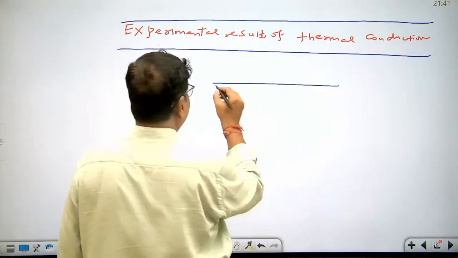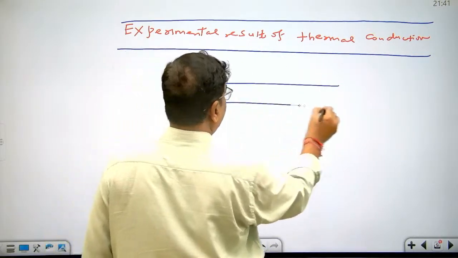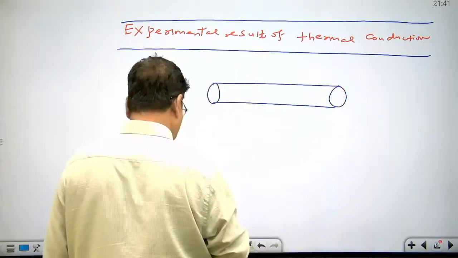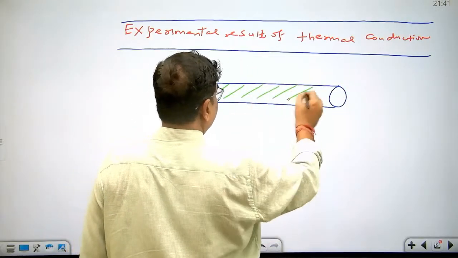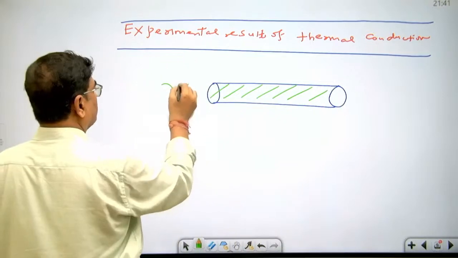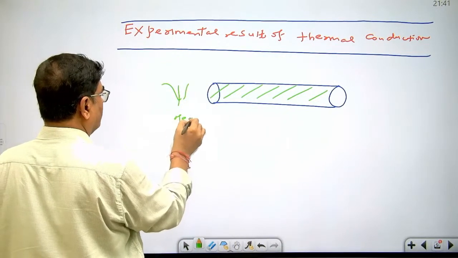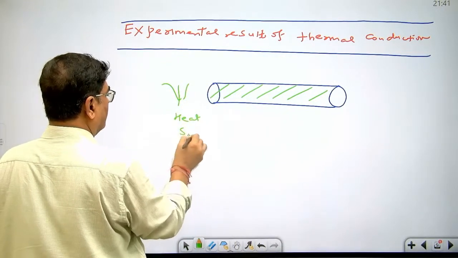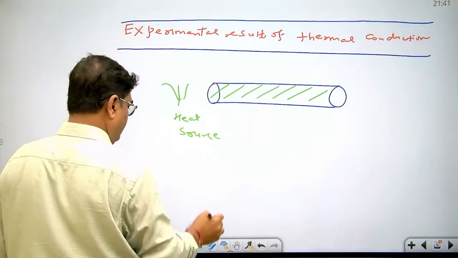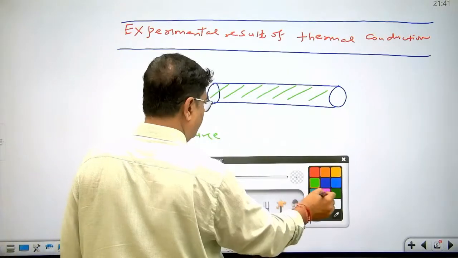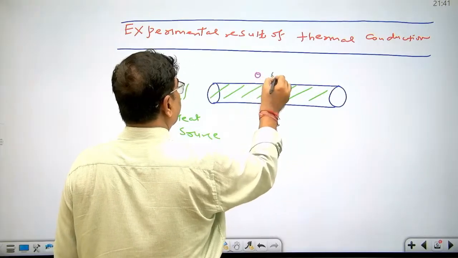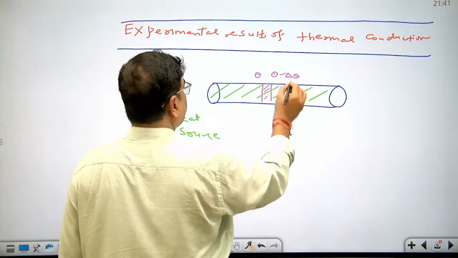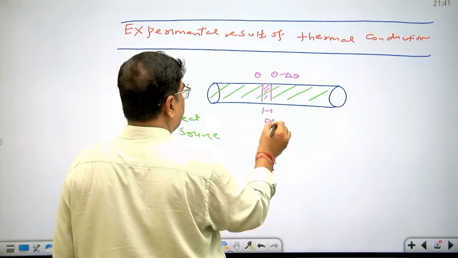Dear student, if this is our solid sample, and if this is the heat source, here is temperature theta, here is temperature theta minus delta theta, this distance is delta x.